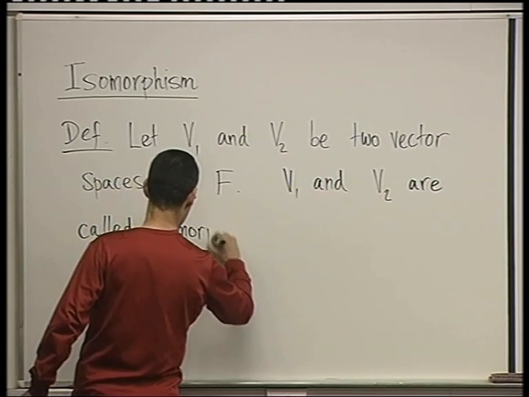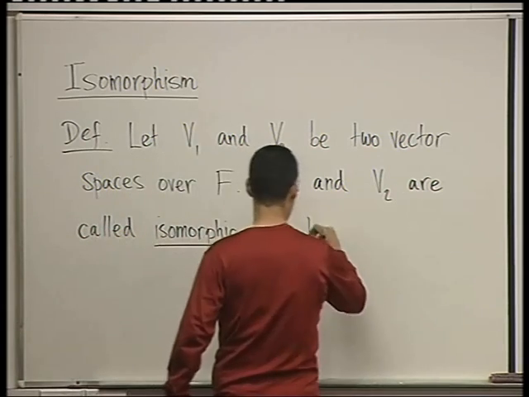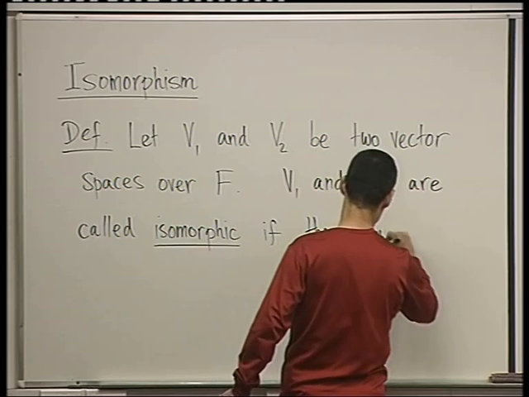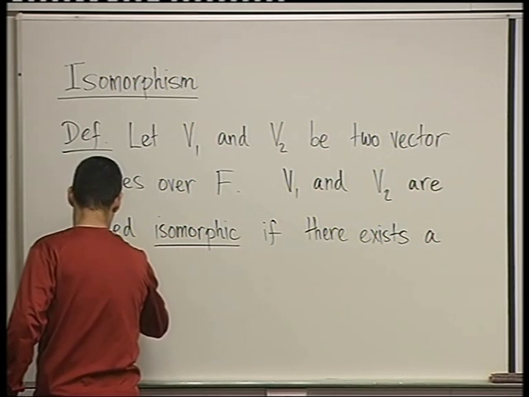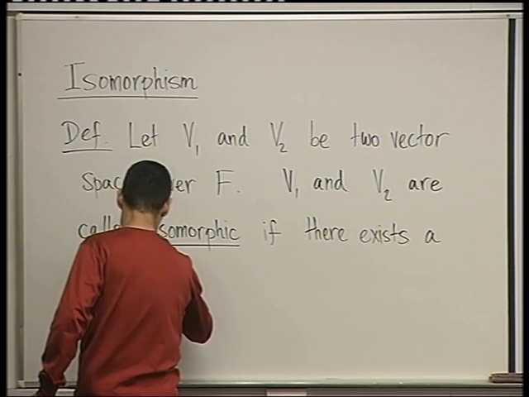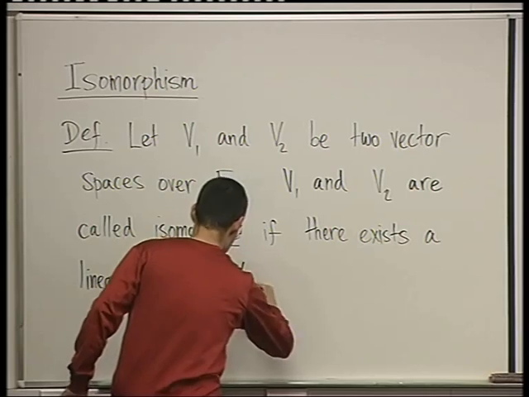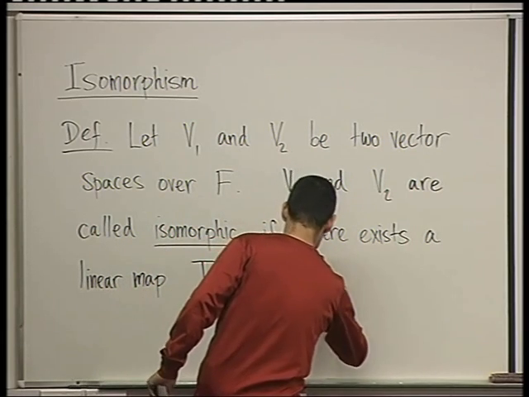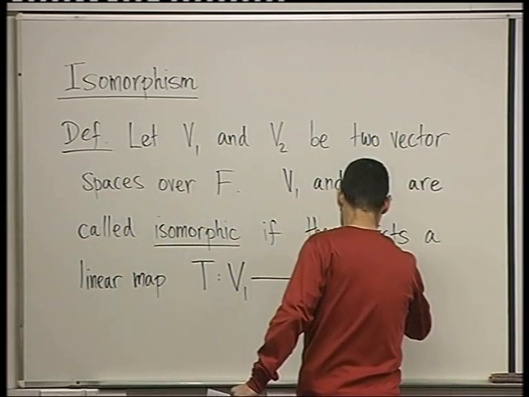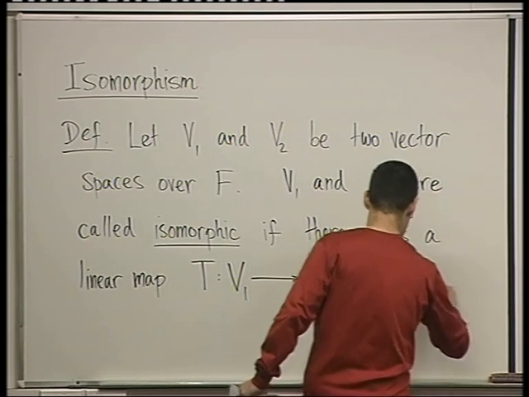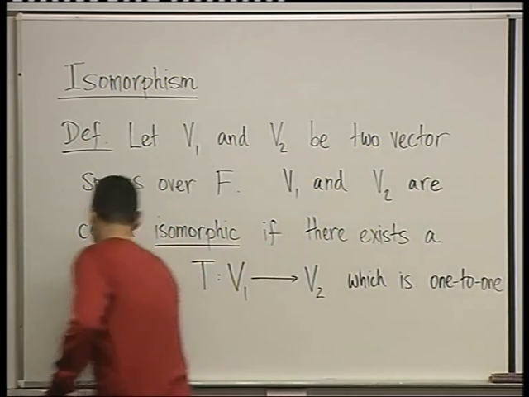isomorphic if there exists a linear map, a linear transformation, let's call it T, from V1 to the other, V2, which is one-to-one and onto.